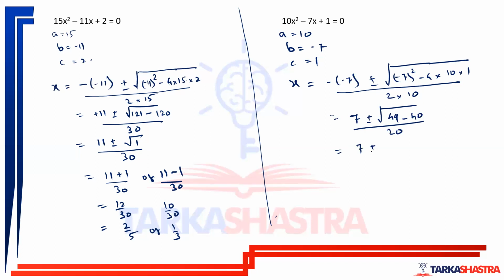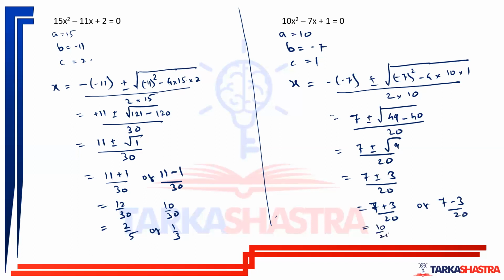That is 7 plus or minus under root of 9 by 20, which is 7 plus or minus 3 by 20, which is 7 plus 3 by 20 or 7 minus 3 by 20.